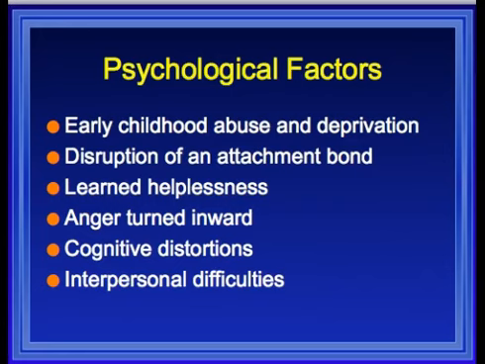It's very similar to that mouse model where I showed you it fighting to stay afloat in that glass cylinder. Once it feels helpless and depressed, it will just stop struggling. Depression also often causes anger turned inwards. There are many cognitive distortions that we'll talk about that underlie depression, and often interpersonal difficulties can precipitate depression.